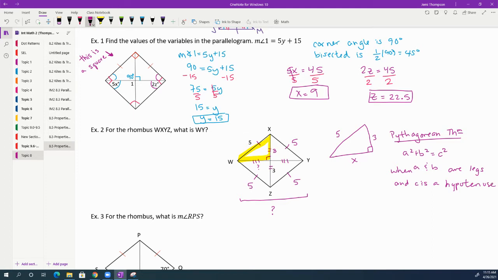And this equation, the Pythagorean theorem, is a squared plus b squared equals c squared. And it works for any right triangle when A and B are legs and C is a hypotenuse.